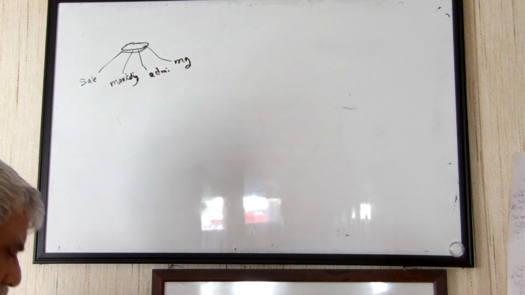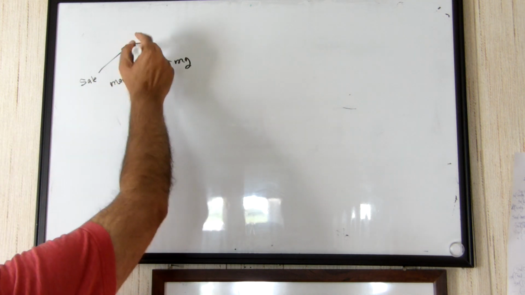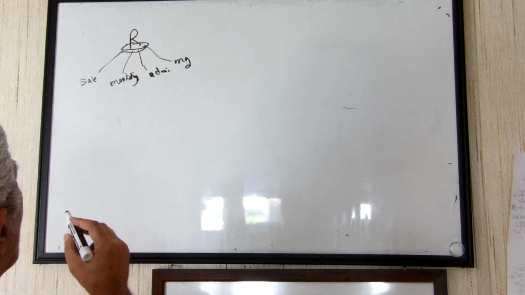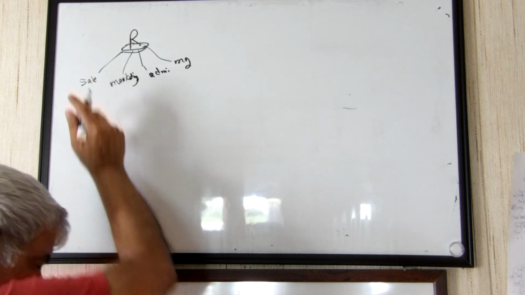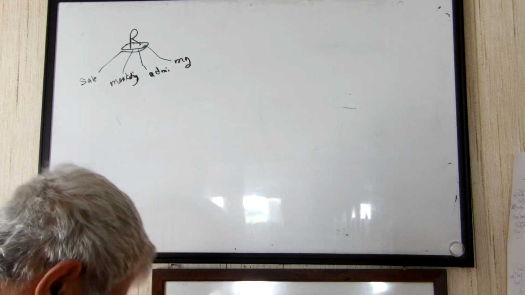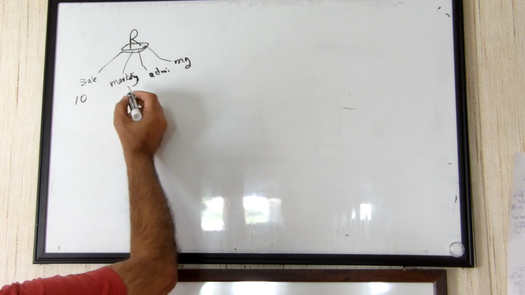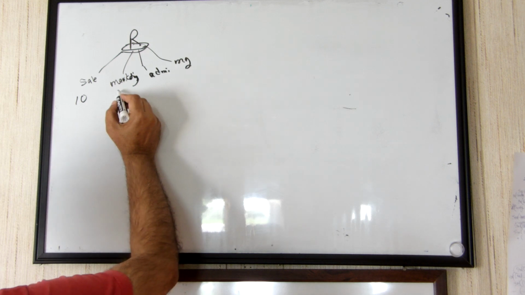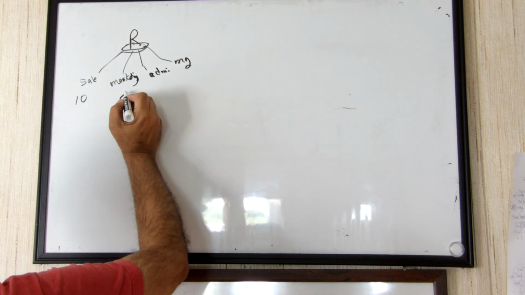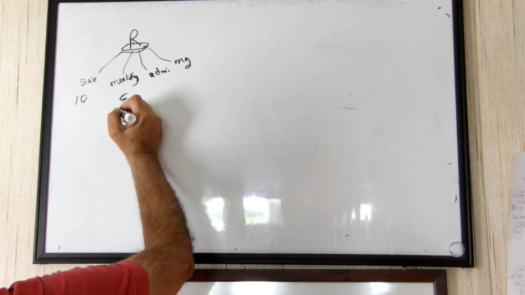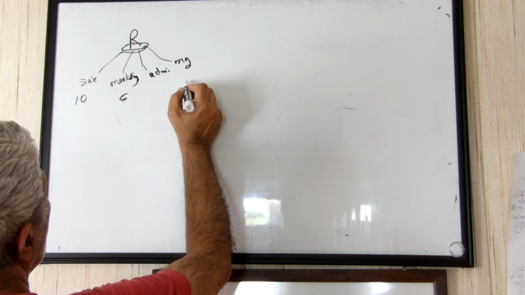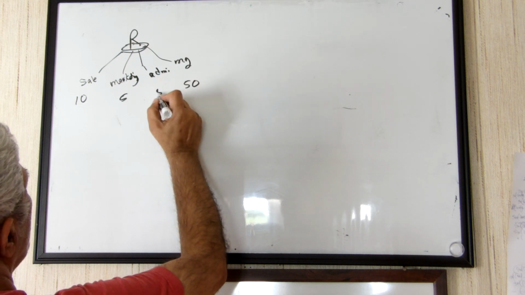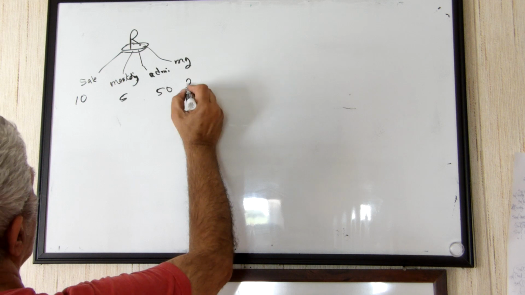For example, there are 4 of them, and we use a router here with 4 interfaces. Say we have 10 computers in sales, 5 computers here, 50 computers here, and 50 here, and 4 for management.